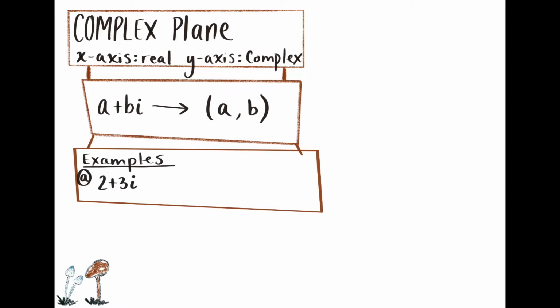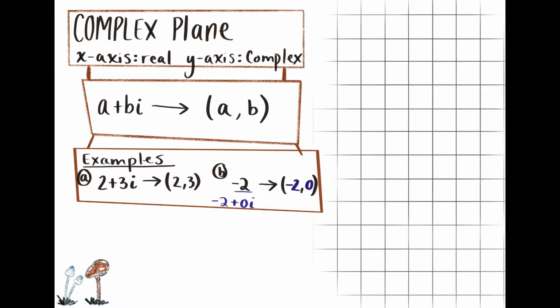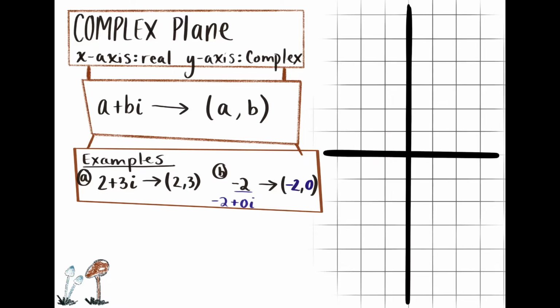For example, if we have 2 plus 3i, the point that we would plot is 2 comma 3. If we have negative 2, since there's no imaginary part, you would plot negative 2, 0.